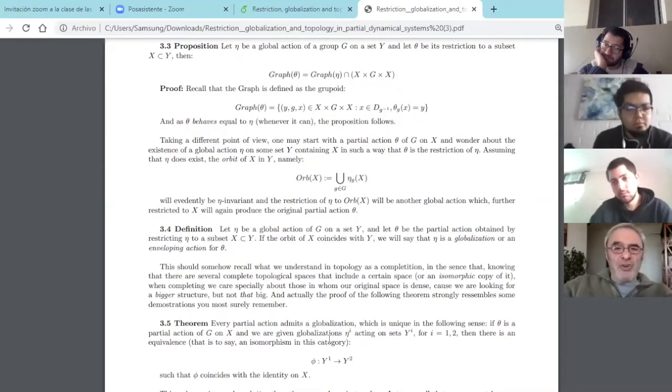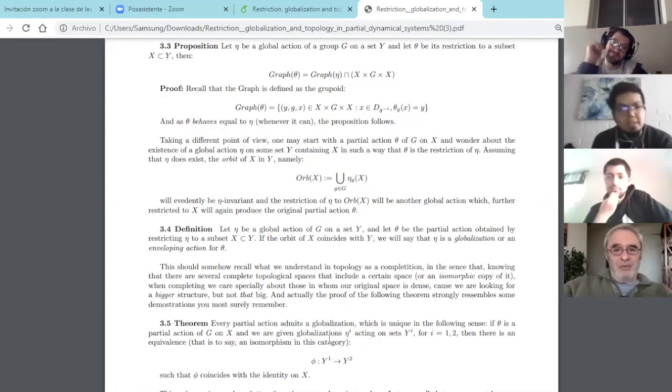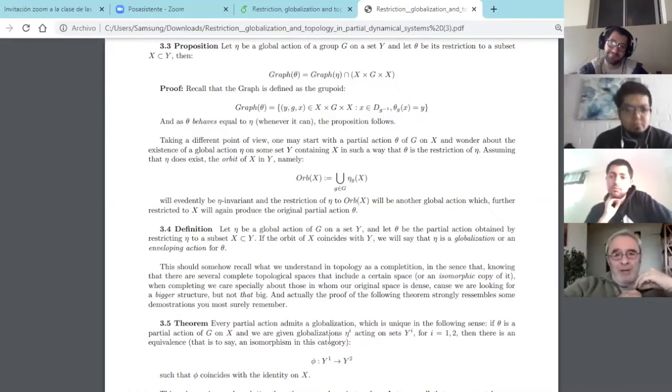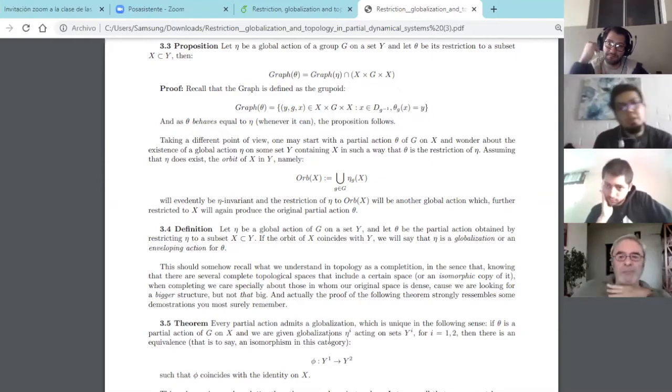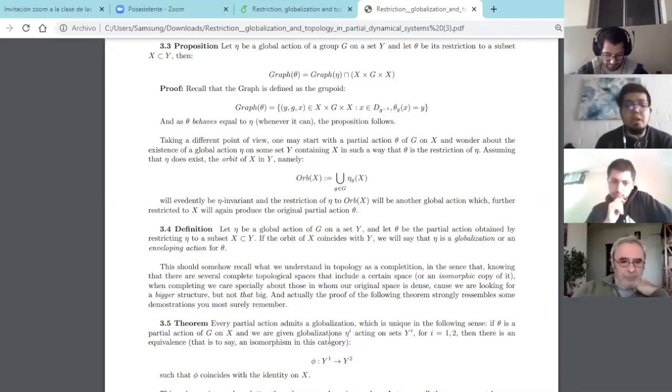When you say generated, in a certain sense it implies that what you generate is a nicer structure, but the smallest possible one. Exactly. So this happens everywhere, algebraically, topologically, in all senses: you are interested in the smallest good one. Exactly. Yeah.